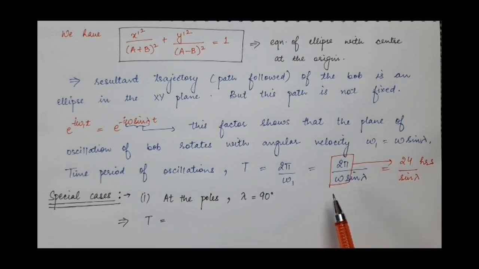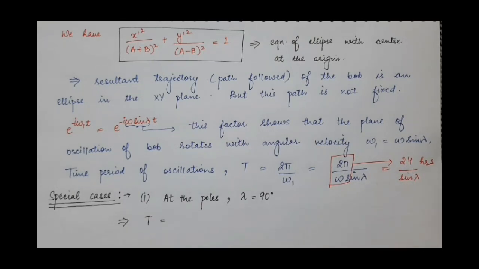It is the time period taken by the earth to complete one rotation about its own axis, which is 24 hours. So the time period of oscillations of the bob of Foucault's pendulum is equal to 2 pi by omega sin lambda, or equal to 24 by sin lambda.